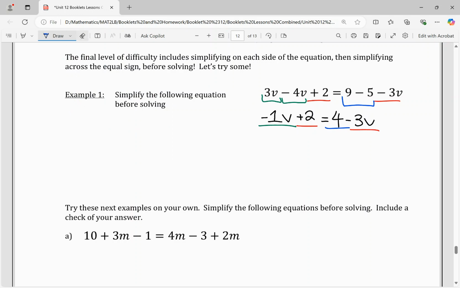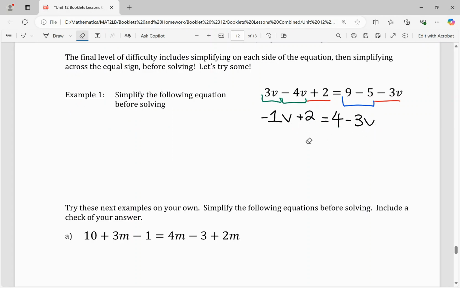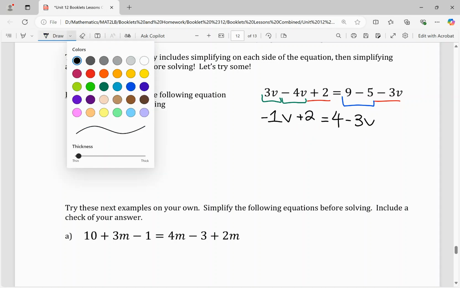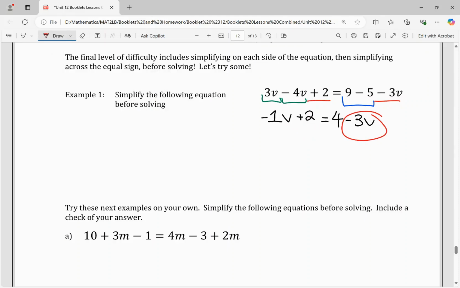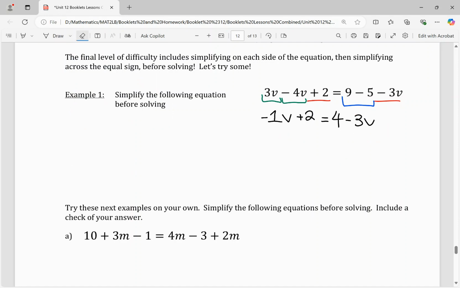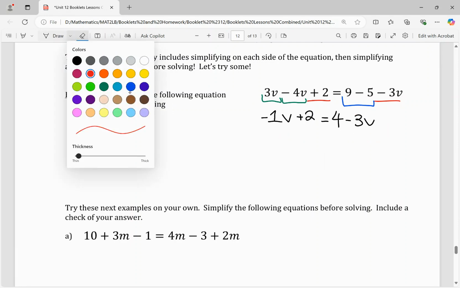Now that we are done simplifying, we can start to move everything with a variable to the left-hand side, and every term without a variable to the right-hand side. So my first step is going to be dealing with this negative 3v. I want to move that over to the left, so I'm going to use opposite operations.